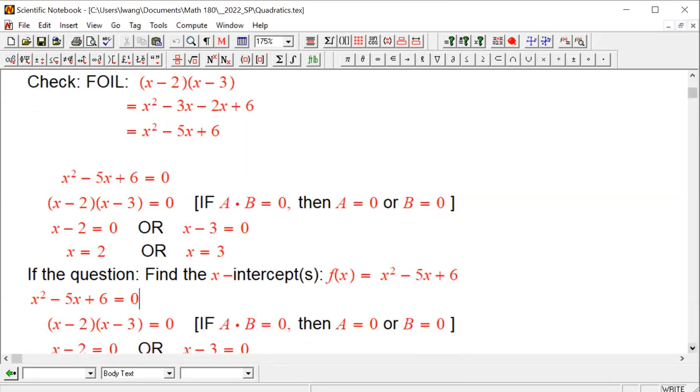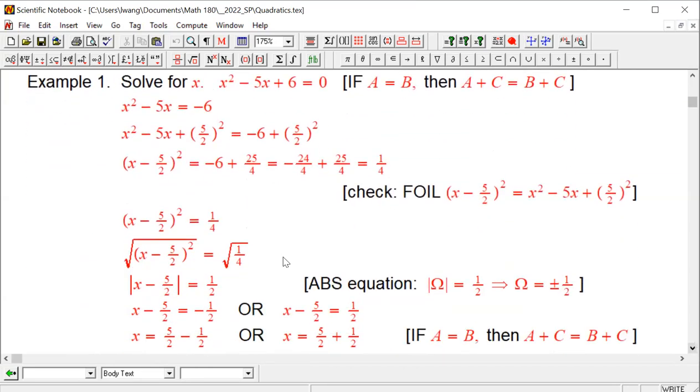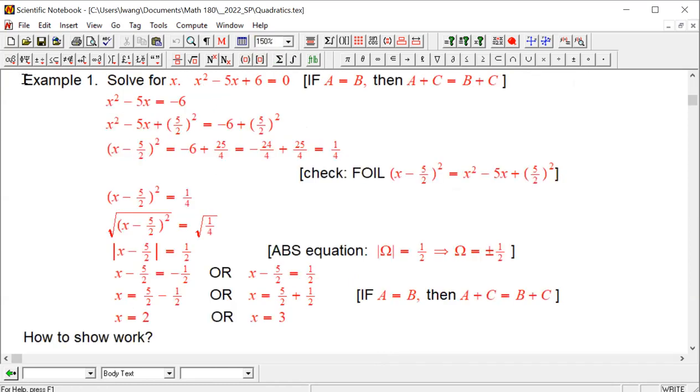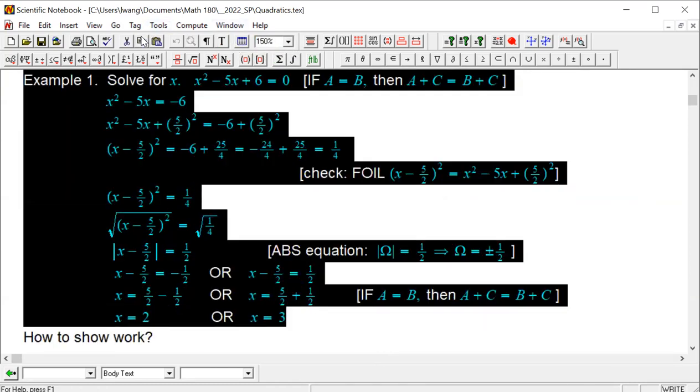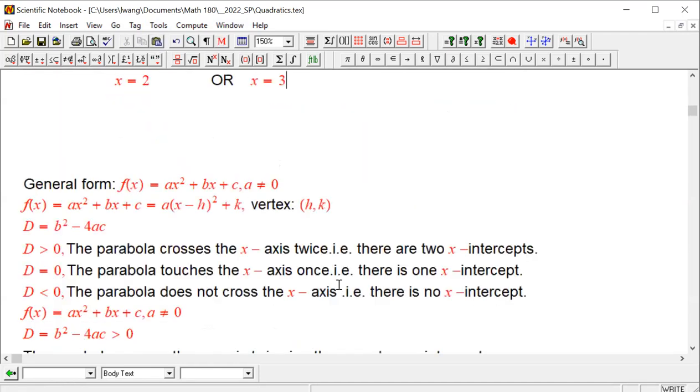How many steps do I need to show, and so on. In this case, let me tell you how much work I recommend you to show. It depends on your professor, so I can only recommend how I would show the work.